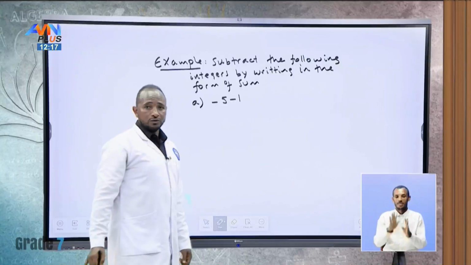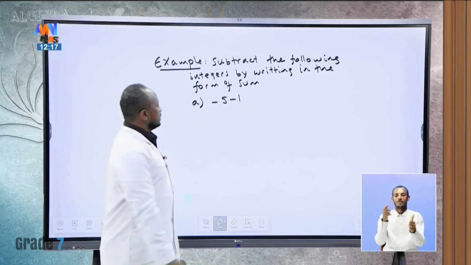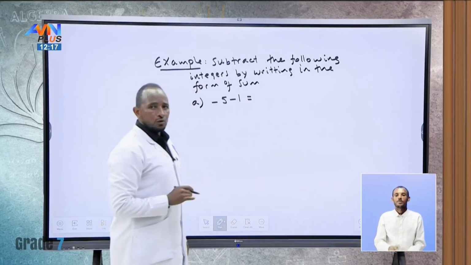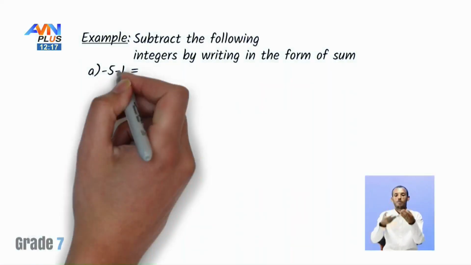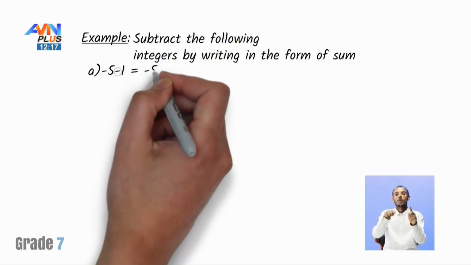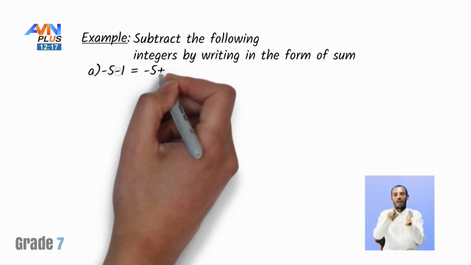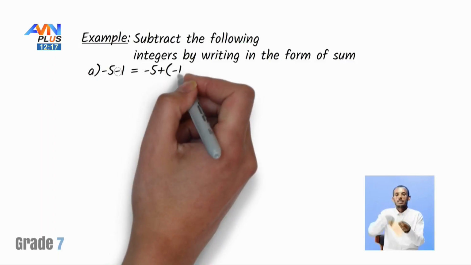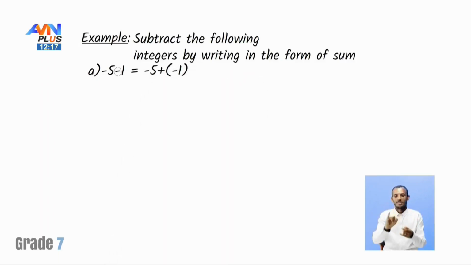Let's see this one together first. Okay, here, to convert this into the form of sum, change this minus into plus, and then the opposite of 1 is minus 1. Therefore, here, minus 5 plus the opposite of 1, which is negative 1. What will be the sum of these two?